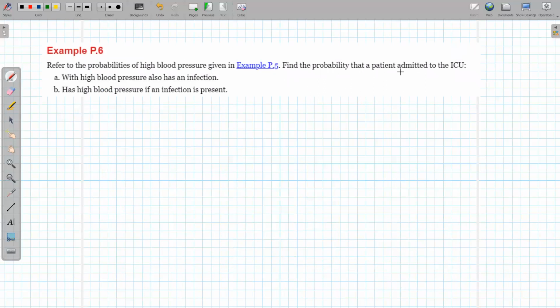The probability that a patient admitted to ICU has high blood pressure if an infection is present. So they're using language more similar to probability notation: the probability of having high blood pressure if an infection is present.